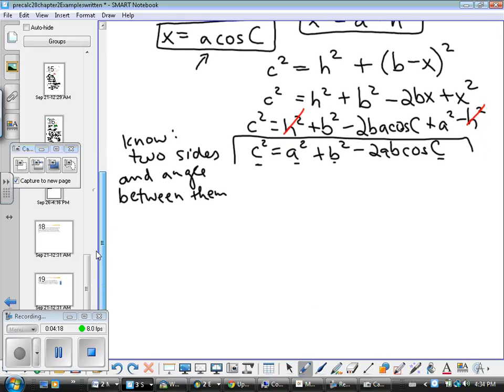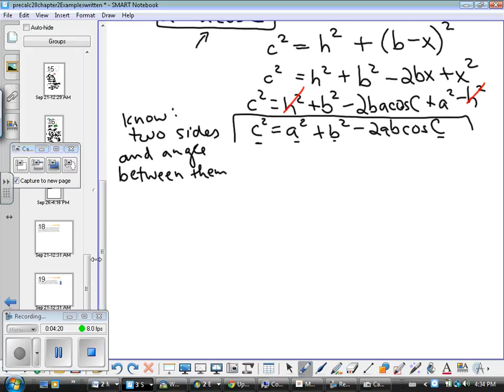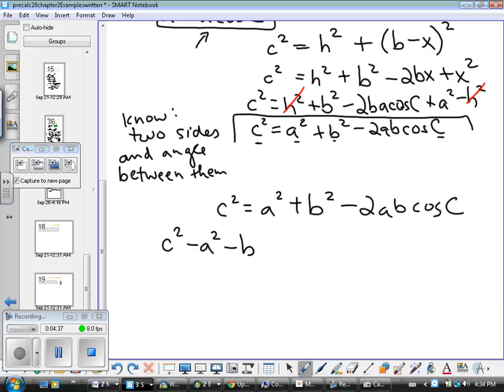You can also rearrange this. Say you have C squared equals A squared plus B squared minus 2ab cos C, and you want to solve for the angle, because you want to use this to find an unknown angle when you know all three sides. I'll subtract A squared and B squared from both sides.